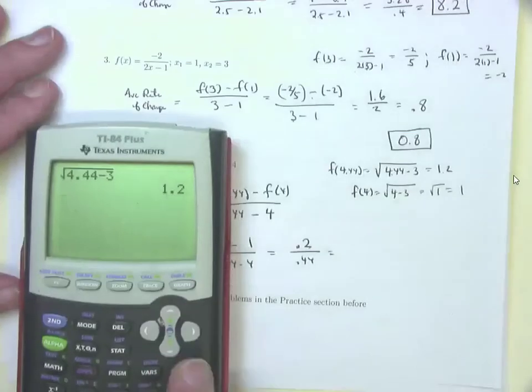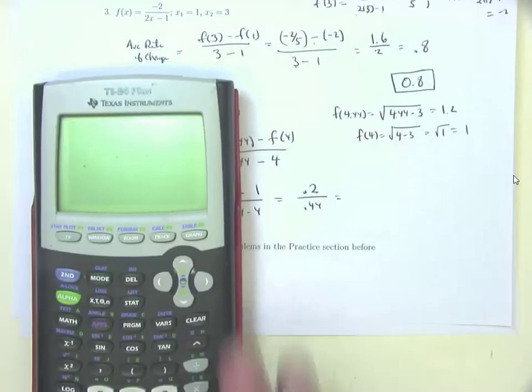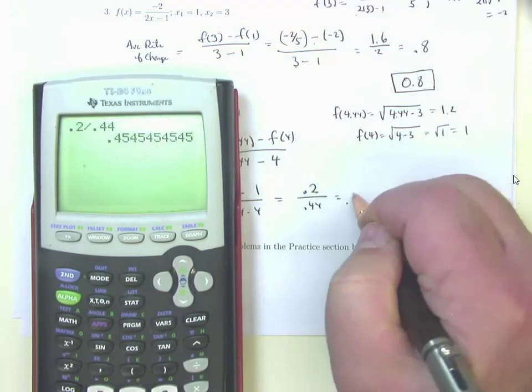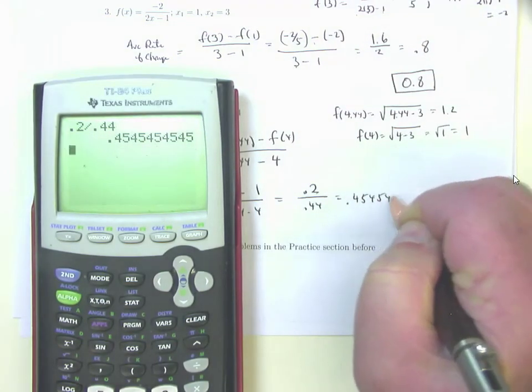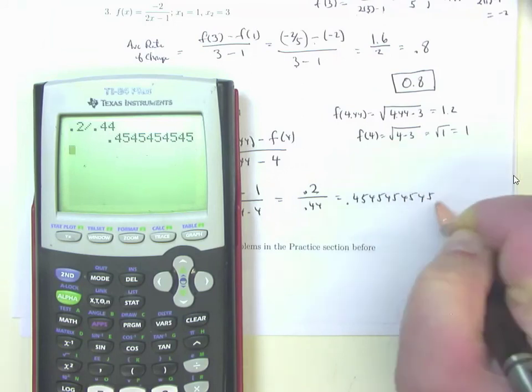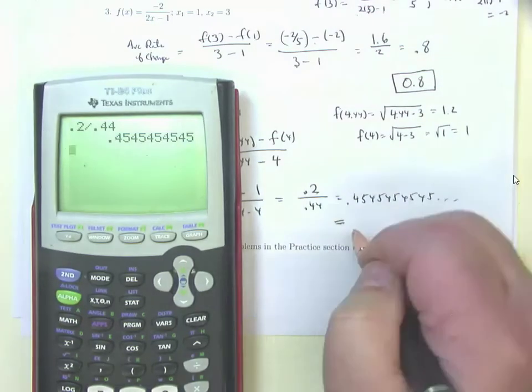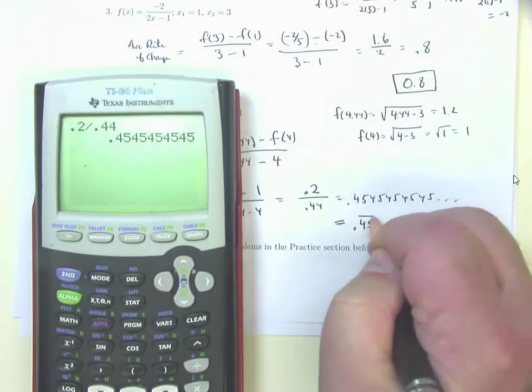Now I'm going to put this on the calculator just to show you what you get here. 0.2 divided by 0.44 is 0.4545454545. How do you typically write a repeating decimal? You remember the symbolism for that? 0.45 with a bar over it.